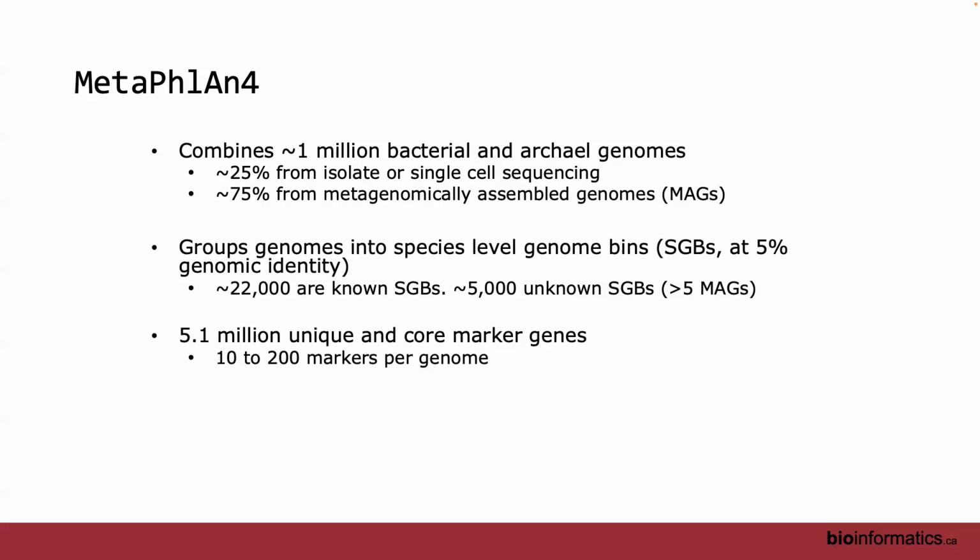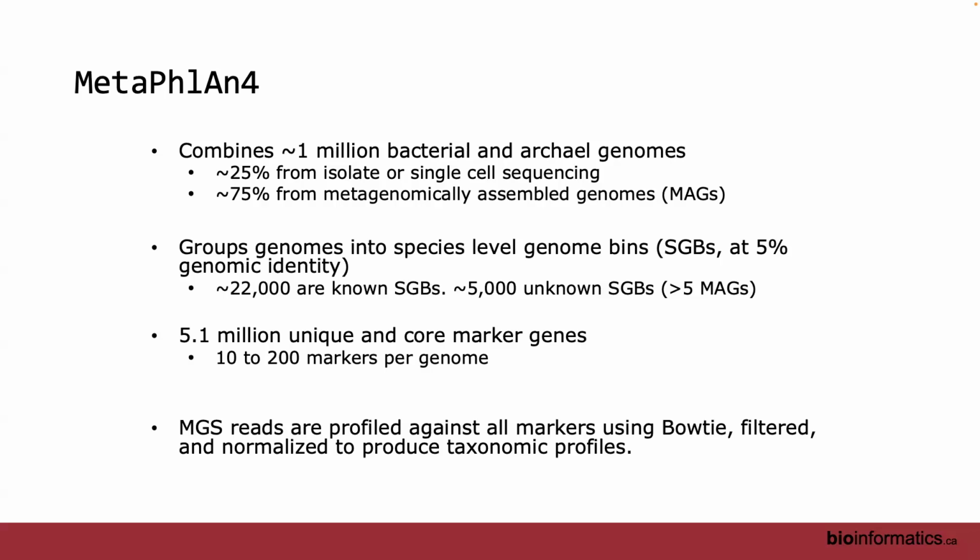Doesn't mean that, in the future, if it was horizontally transferred, they could possibly find that marker in a new genome, and that would, within the newer version, probably then get removed, but you don't know that ahead of time. Depending on the SGB, there are different numbers of markers, 10 to 200, and within the SGB they'll also use subsets of markers to provide greater resolution.